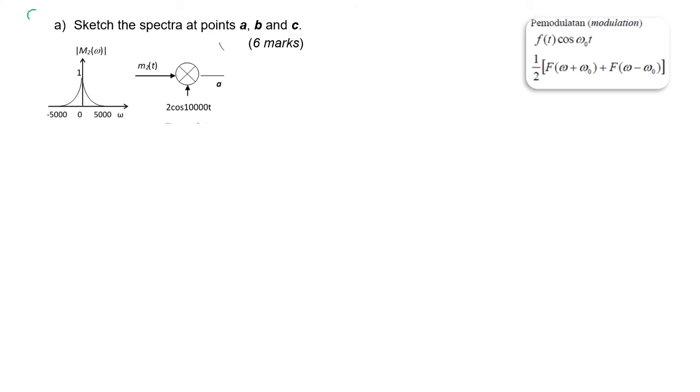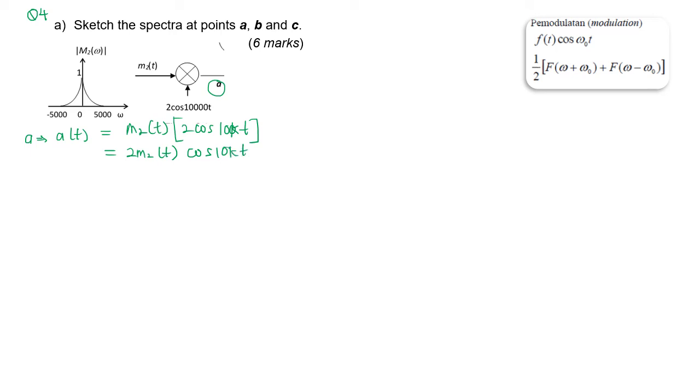Okay, for question 4A, sketch the spectra at point A first. So at A, we name it as a(t). It's basically m2(t) multiplied with 2 cos 10k t. So in this case, it is equal to 2 m2(t) cos 10k t.